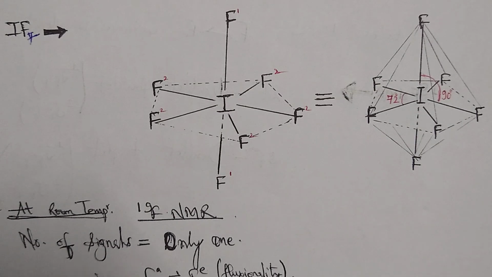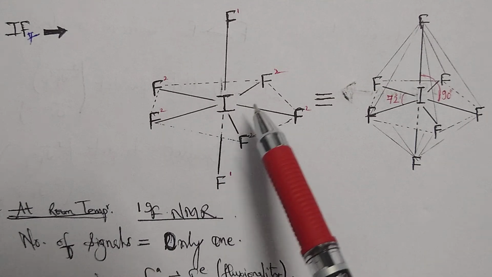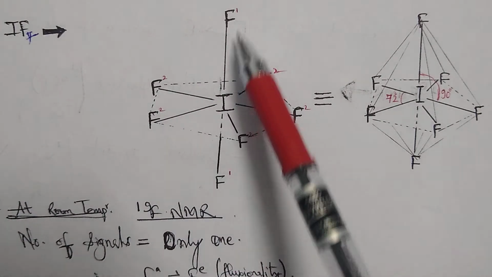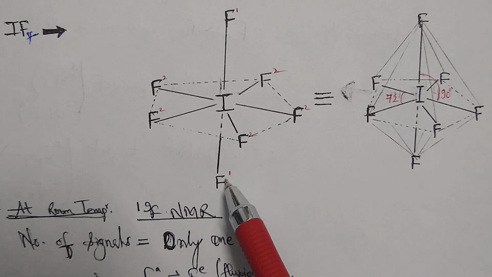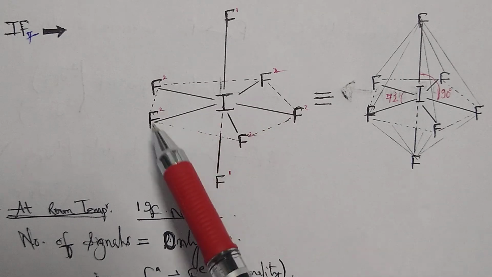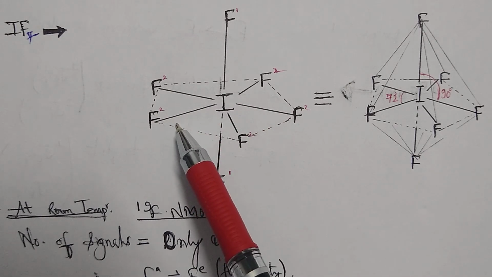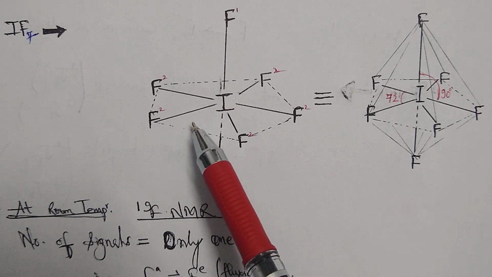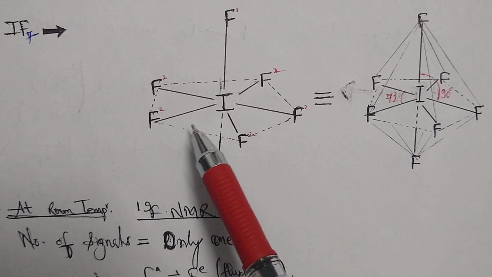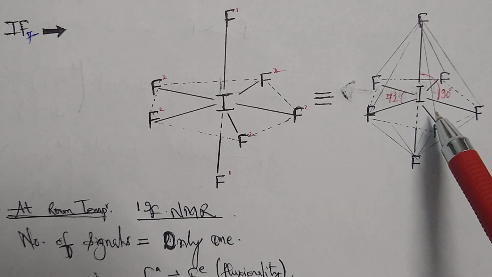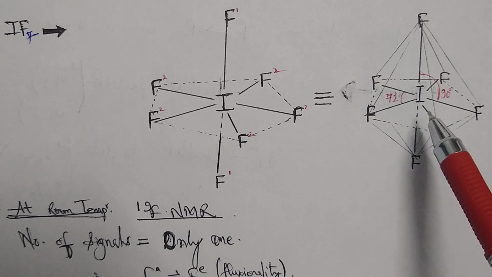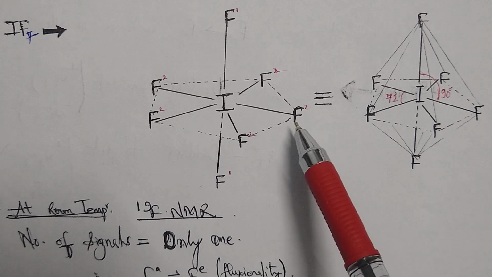Now this molecule, IF7, is pentagonal bipyramidal, that is 2 fluorine will be in the axial position and the 5 fluorine will be in the equatorial position. So if we consider the bonding structure, we will have this structure like this over here. Now not going into the detail of this bonding structure, we will consider the types of fluorines.